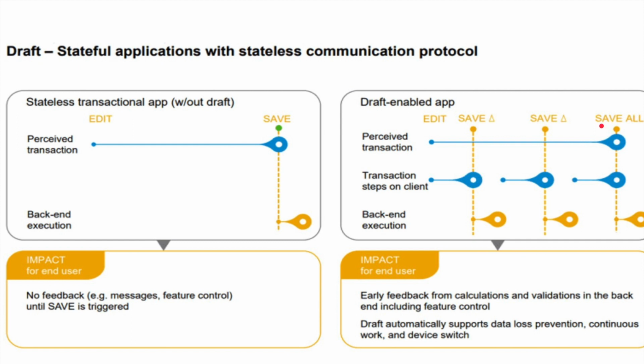Until the real save button is clicked, the real request will not be triggered to the backend. The real request means on the real instance, where the real database tables get updated. Till here, your draft database tables will get updated. Once we click on save, all your active changes will be updated to the real database tables.